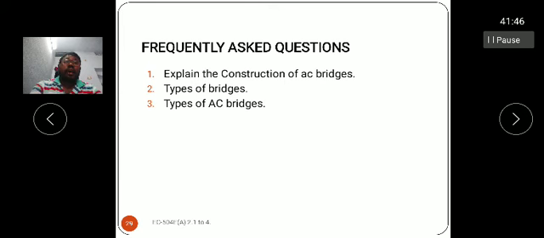Again we have one more classification, the types of AC bridges. They ask individually for the types of AC bridges, and we have to write the seven different types of AC bridges.